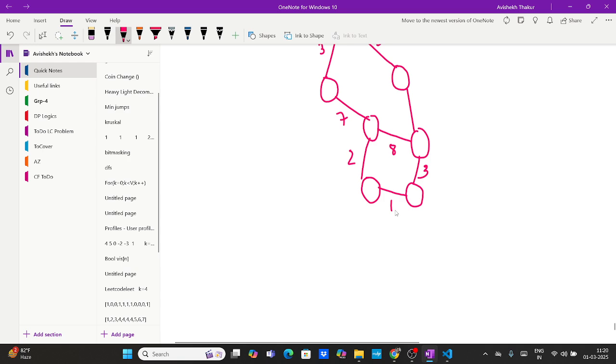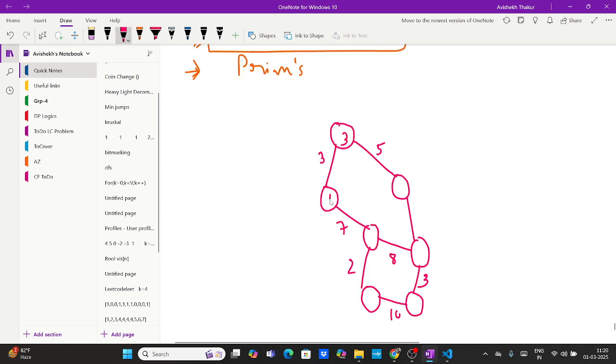Okay, so this is the graph which we have. Let me quickly write the node numbers. Now, since we have to find a minimum spanning tree, Kruskal came up with the idea: why not go with minimum weights?